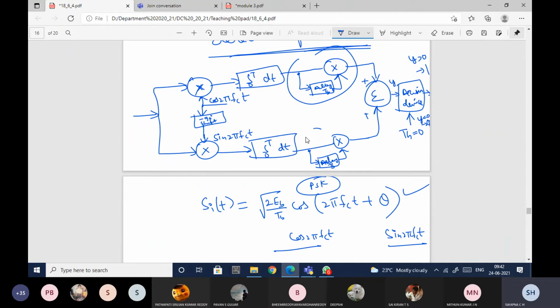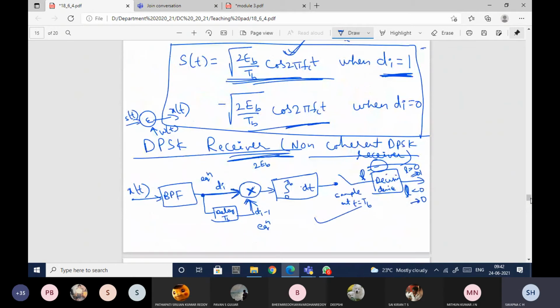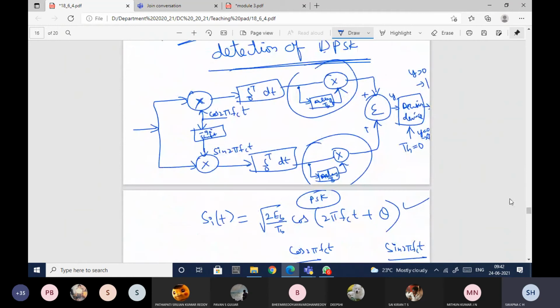See, this entire thing is the same as what you were using in your DPSK receiver, but the only thing is here you're using an additional carrier. Instead of delaying it and giving it to the multiplier, here you're additionally using the carrier. Whatever value you get from this is given to the multiplier, and the delayed version of the same bit, if it is di here, it is di minus 1, is given to the product modulator, and then that value is given to the summer.